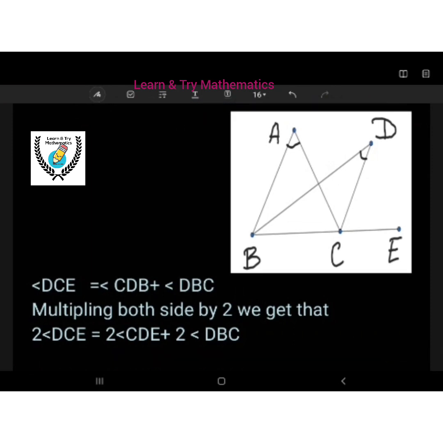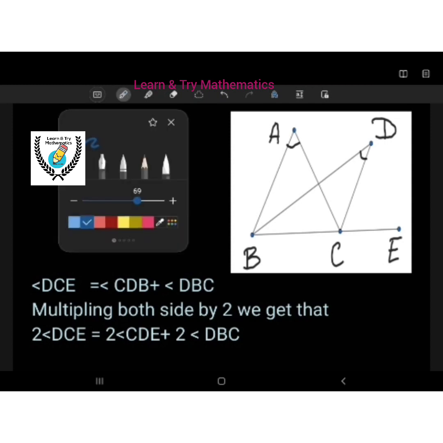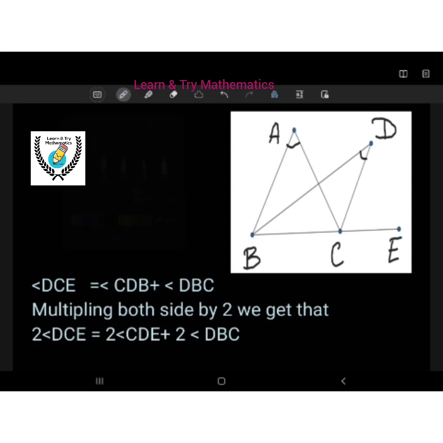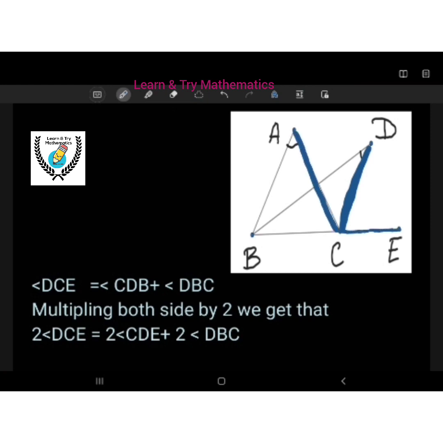Again 2DCE means, since CD is the bisector of angle ACE, this angle and these angles are equal. So 2DCE means whole ACE.